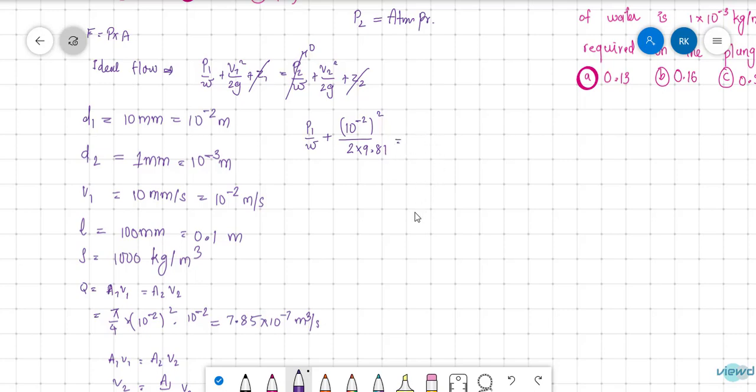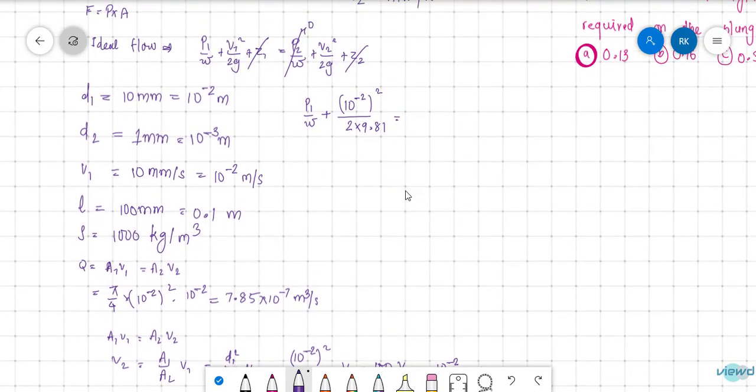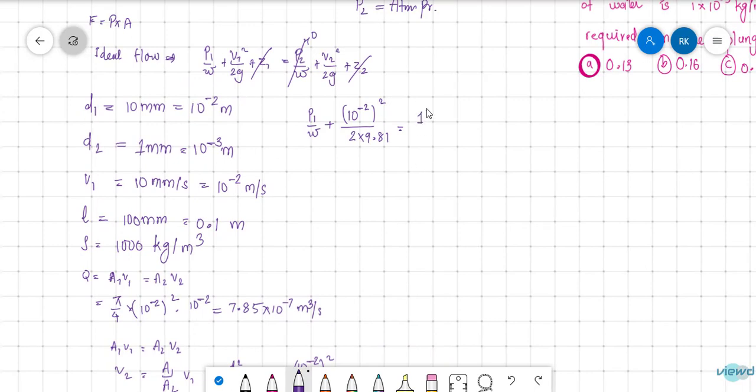What is V2? V2, we got it as 1 meter per second. So 1 square divided by 2 into 9.81. So P1 by W is equal to 1 square minus 10 power minus 4 divided by 2 into 9.81.